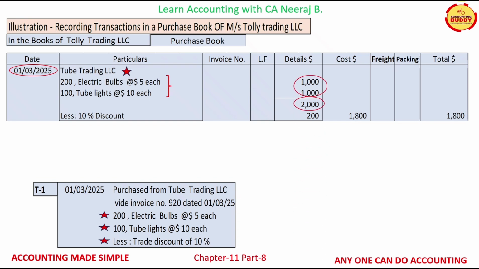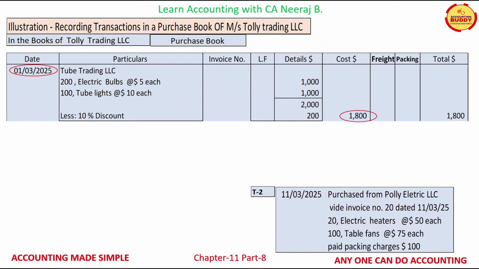The total value of all the goods bought is also mentioned in the details column. The percentage of trade discount allowed on the goods is mentioned under the particulars column. The value of the trade discount allowed is mentioned under details column. The net purchase cost after deducting the trade discount is mentioned under the cost column.